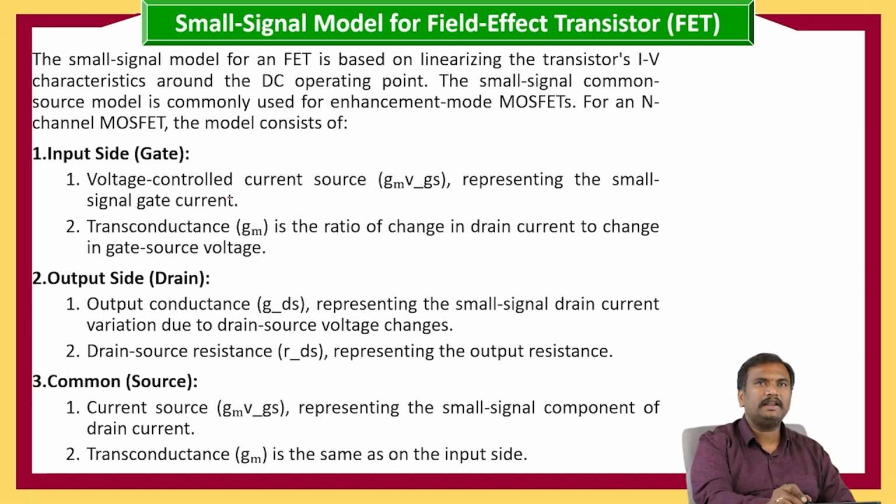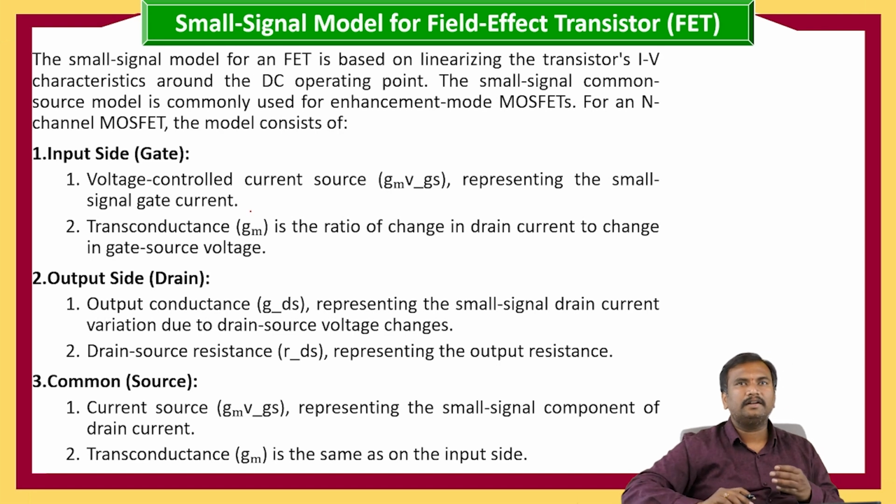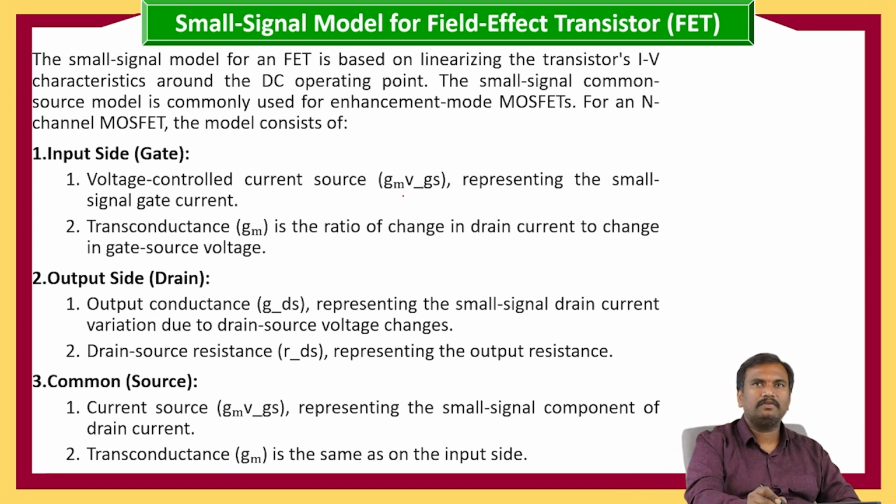Remember this one: gm times vgs, and gm is the same transconductance, the ratio of drain current to the change in gate to source voltage.